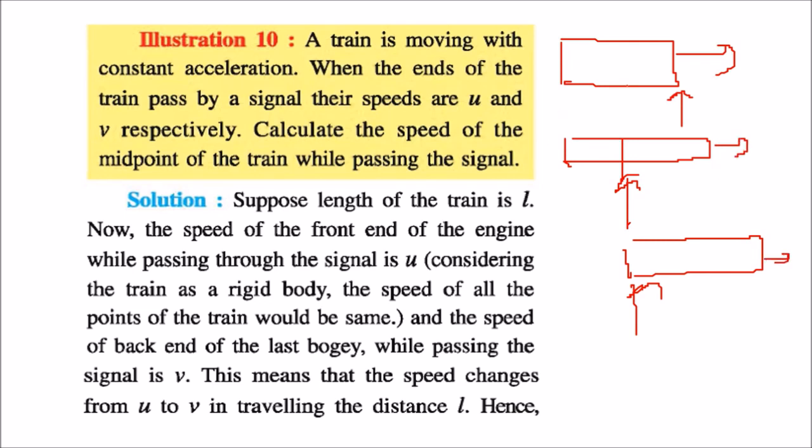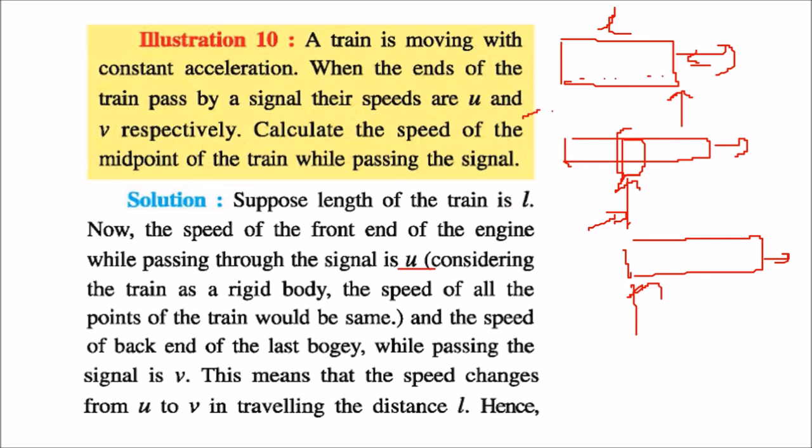So the question is, what is the speed of the midpoint of the train while it is passing the signal? Let us assume that the length of the train is L. The speed of the front end of the engine, while it is passing the signal, is say u. We just consider the train as a rigid body, so the speed of all the points will remain the same.